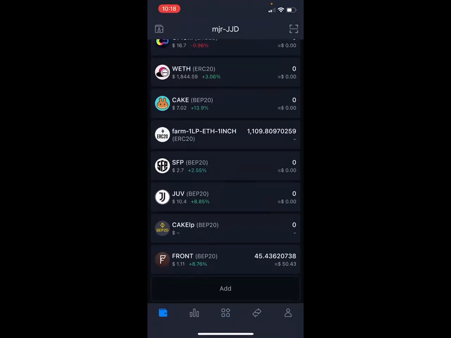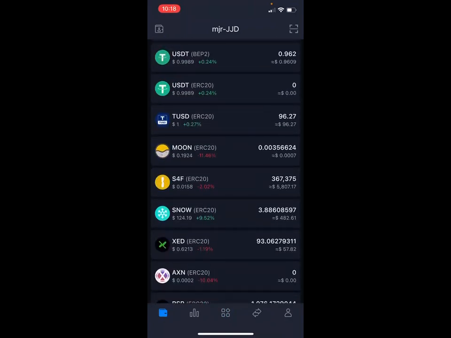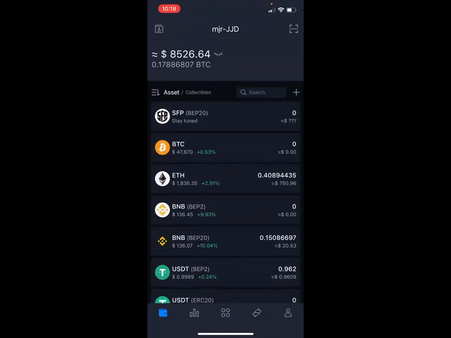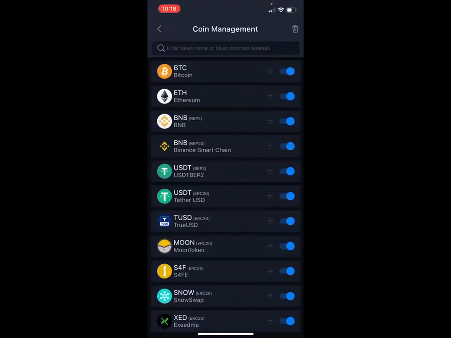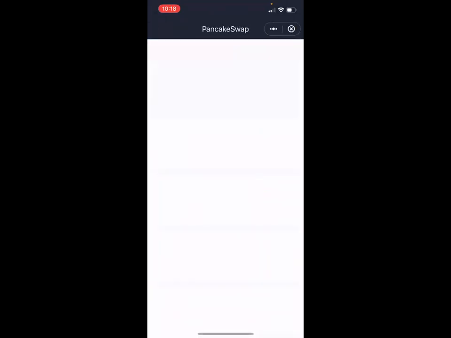Usually it auto populates, sometimes it doesn't, so I'm not super worried about that. But sometimes it will auto populate. If you want to see how much tokens you have, then what you would do is you're going to add, right? And then you're going to go to a custom address. So maybe we can do that right now. I will show you guys how to do that.